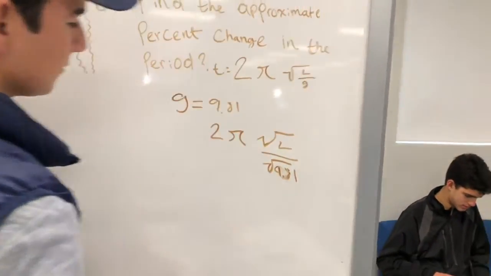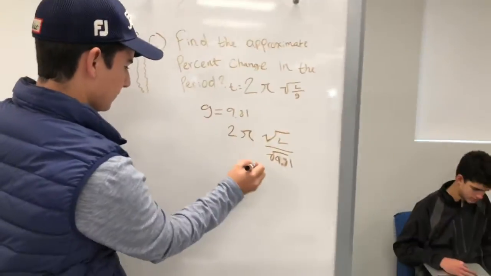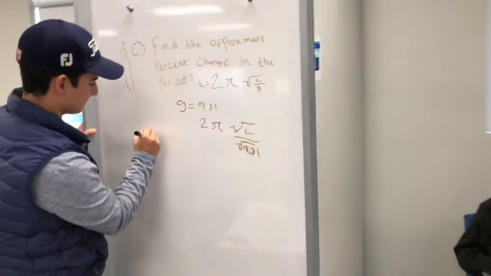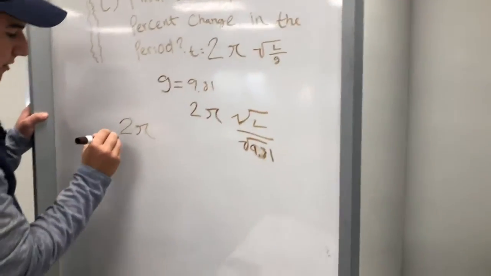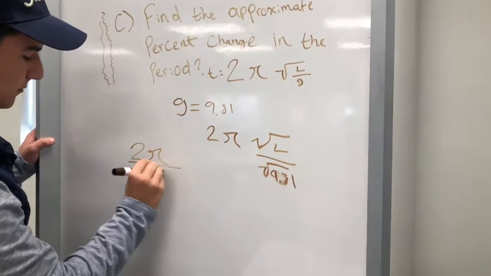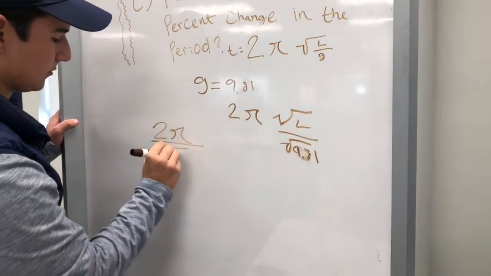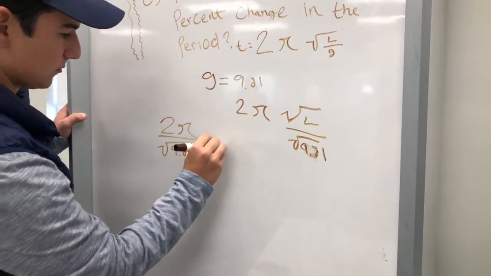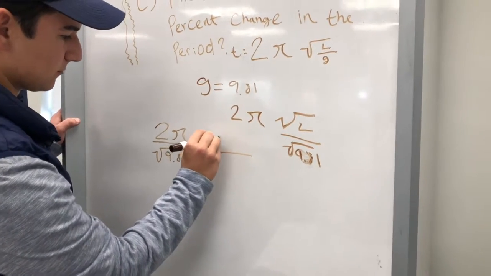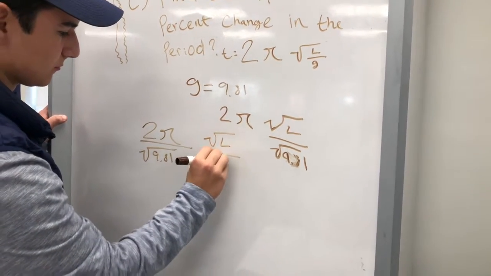Once we split it, we're going to want to have the numerical numbers on one side and the L on the other side. So we get 2 pi divided by the square root of 9.81 times square root of L divided by 1.